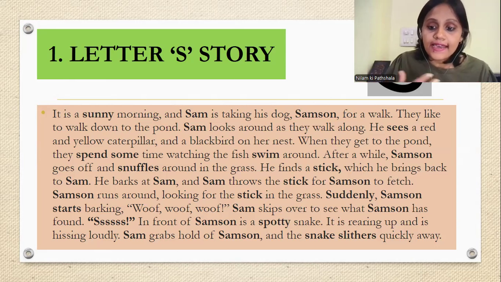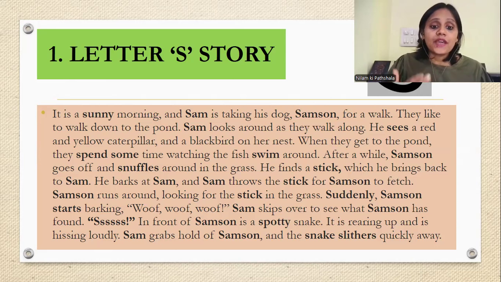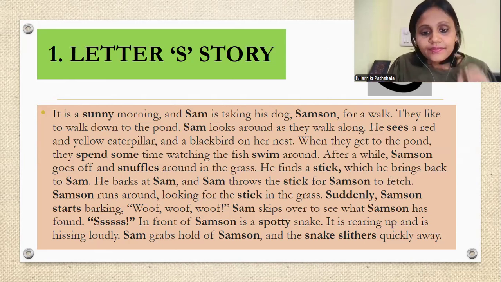So these are the S words that you can recap, telling the children that we have so many S words over here. Maybe you can tell the children to highlight it.